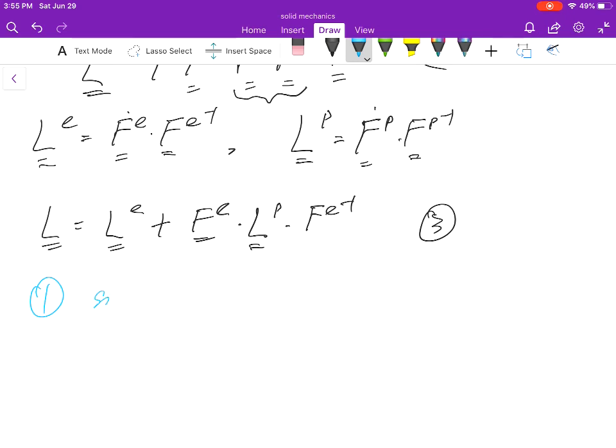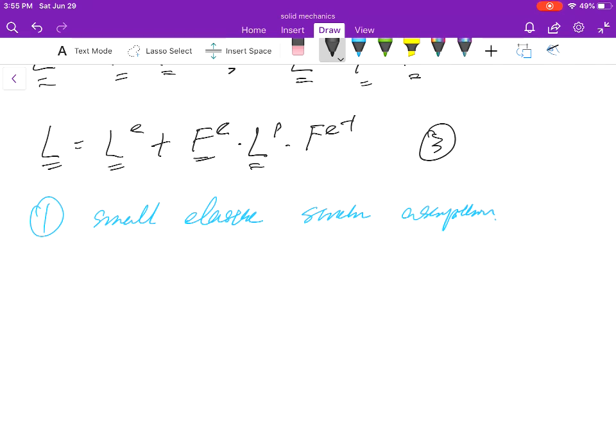So we will just simply call it the small elastic strain assumption. So based on this, we can write the following.